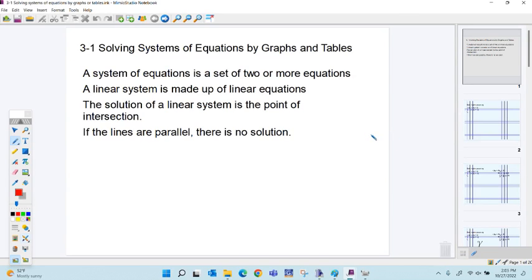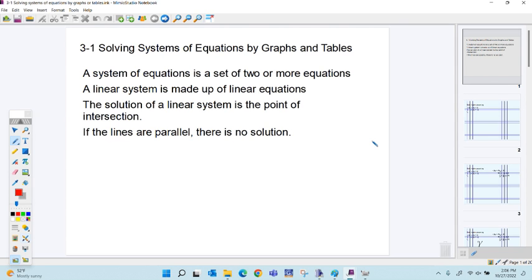Okay, so if you remember, or even if you don't remember, sometime in Algebra 1, I believe we talked about systems of equations, which means you'd have two equations with x and y in them, and you would be trying to find the solution that made both of those things true.